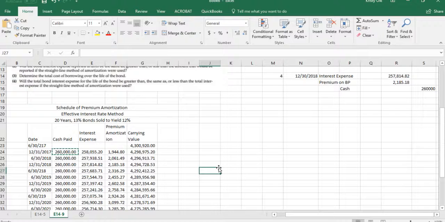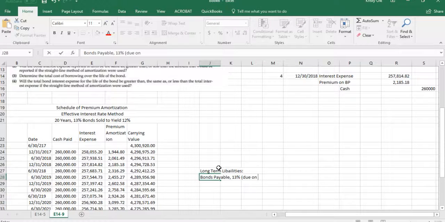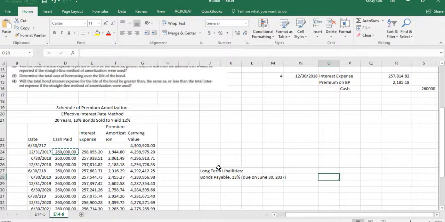And then we will show that there is long-term liabilities, because these are 20-year bonds, right? We've got bonds payable, and we pay them at 13%. And they're due on June 30th, 2037. Some of this information would be included in notes, maybe not in the line, but it could be parenthetical in the line.